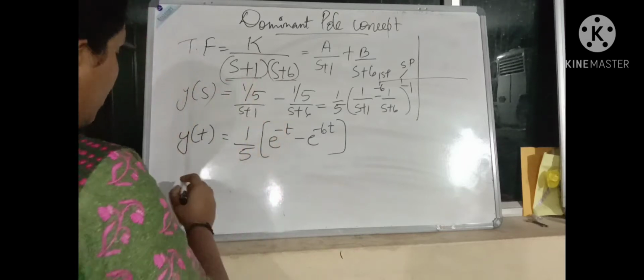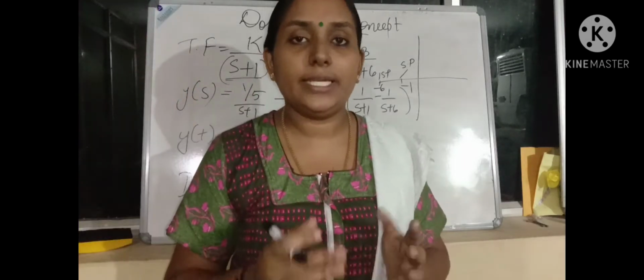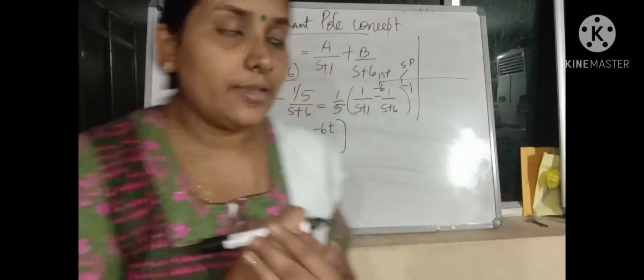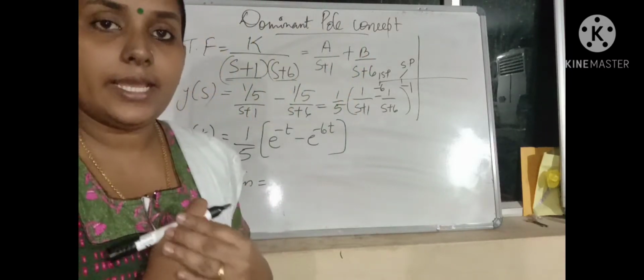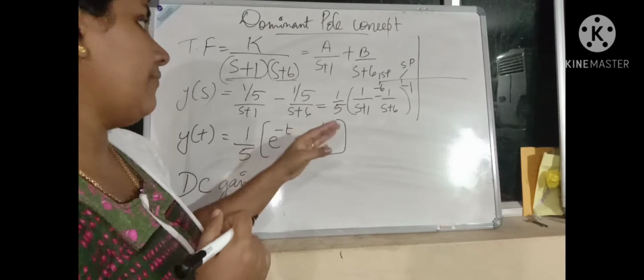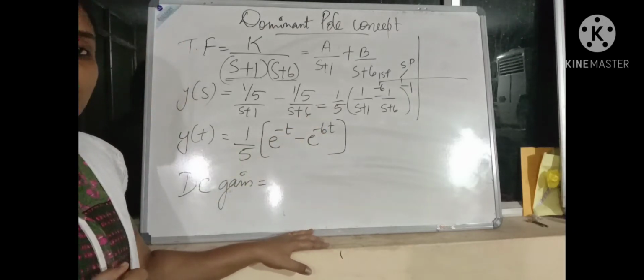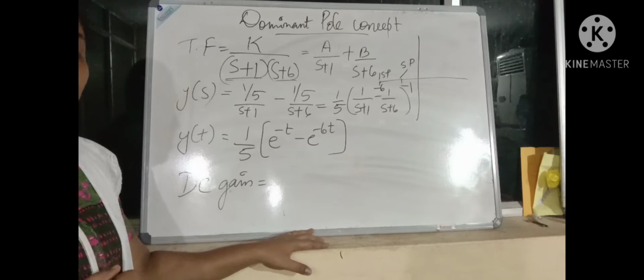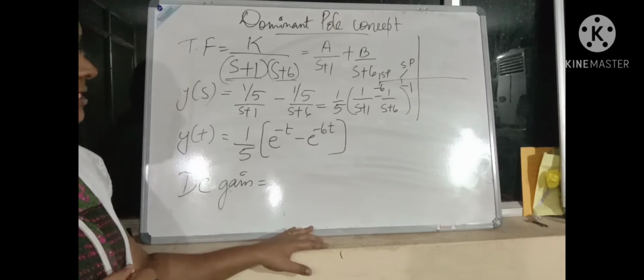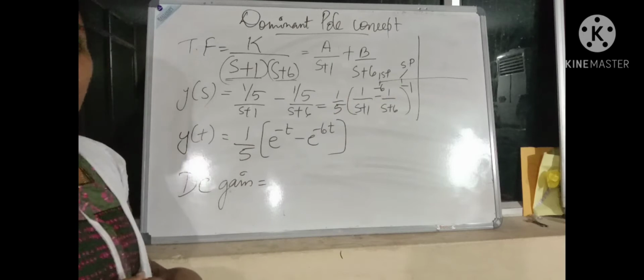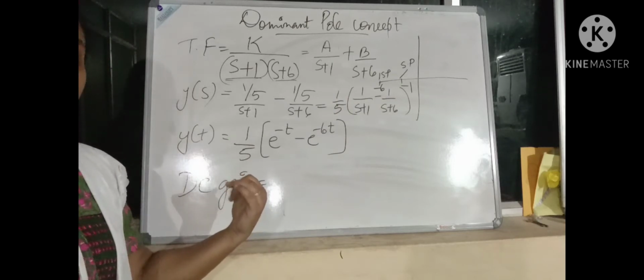In order to find out the DC gain, we have to consider only the insignificant pole, and the DC gain should be found with s kept intact. That means s equal to 0, and we'll get the answer for DC gain easily.